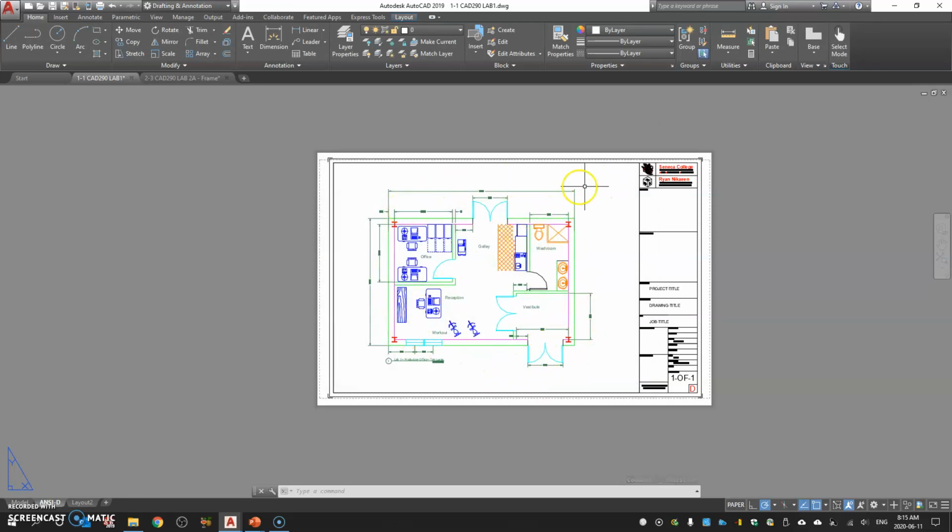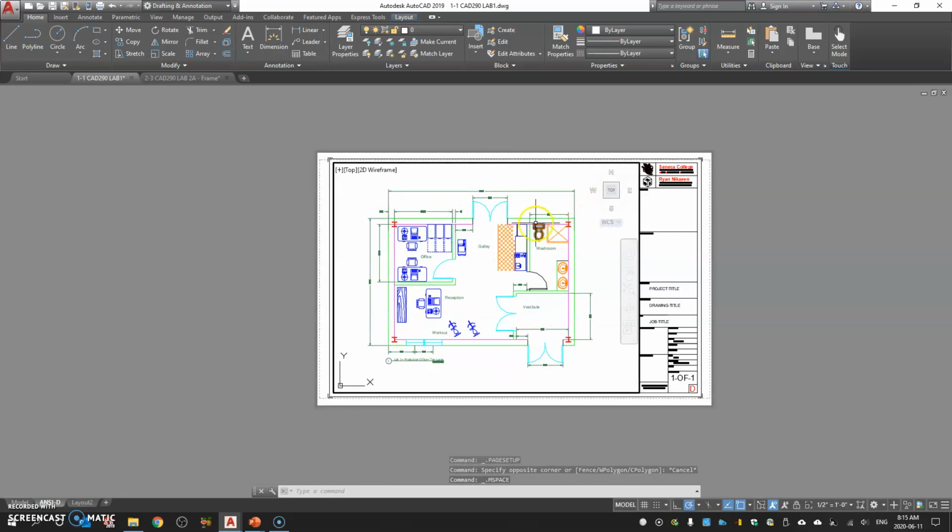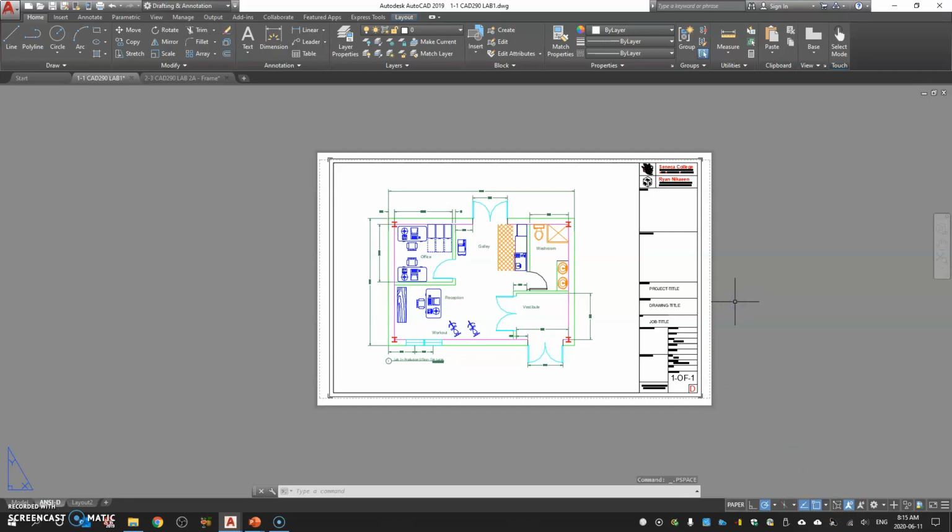If I double click on them here, we call it viewport, you will see the scale here. My scale is 1/2 inch is equal to 1 foot 0 inches. So that's the scale of my drawing here, the architectural scale of my drawing. So basically it means that I reduced and shrank the view to fit it on a 22 inches by 34 inches sheet.